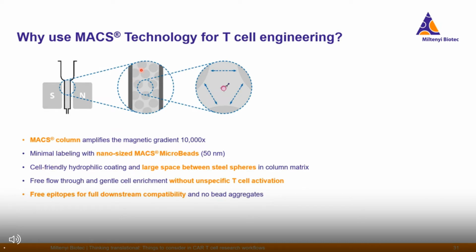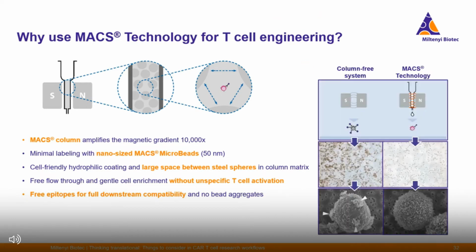And further, there is a large space between the steel spheres of the column matrix, and that enables a free flow through of all the non-labeled cells and an enrichment of the minimal labeled cells without any unspecific activation.